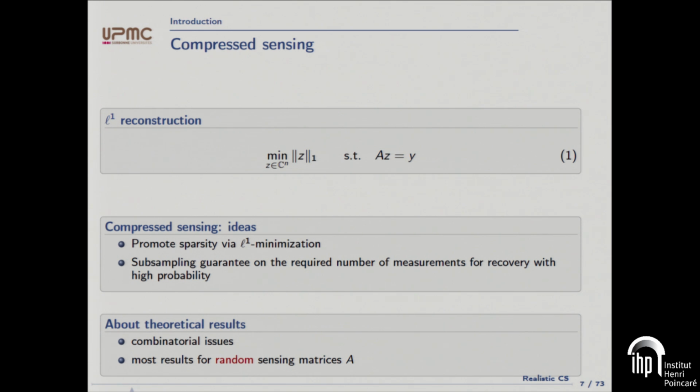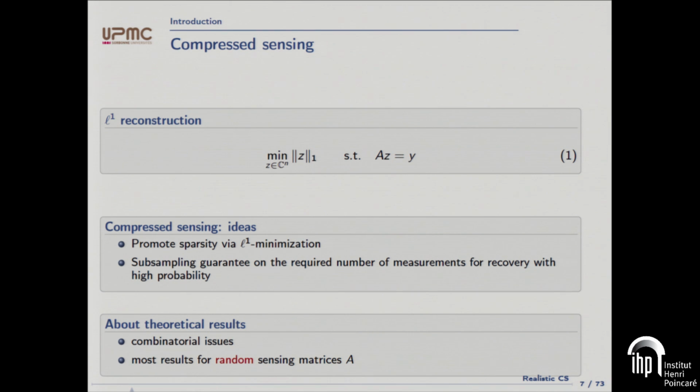Okay, so to derive theoretical results, we are facing combinatorial issues, and if you want to avoid combinatorics, you can use randomness. And actually, most theoretical results in compressed sensing heavily rely on randomness of the sampling matrix, okay?